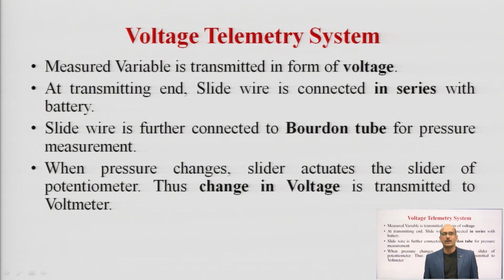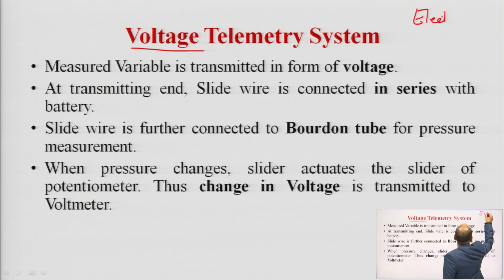It is required because as per that classification you can design that system more effectively, more efficiently. When you are talking about a voltage telemetry system, you can understand by its name, voltage means it is an electrical telemetry system.